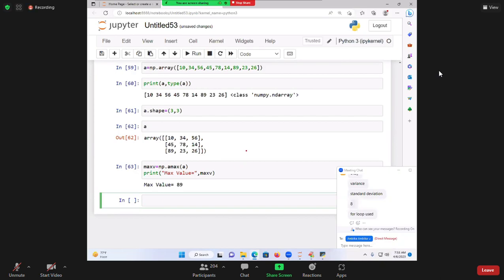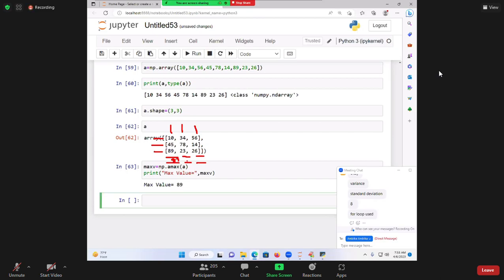Now today we want to introduce something new here. See students, these are all called columns, and this is called rows. My requirement is to find column wise max elements in the ND array. In the first column, what is the max? 89.